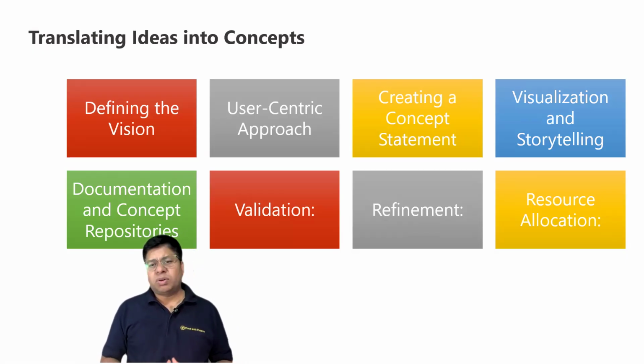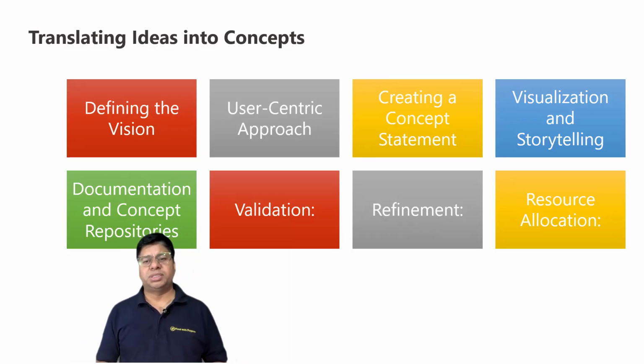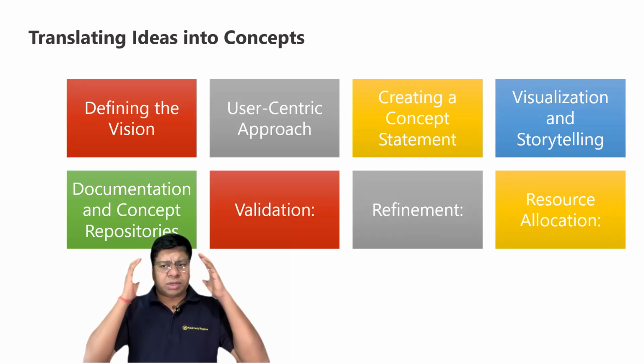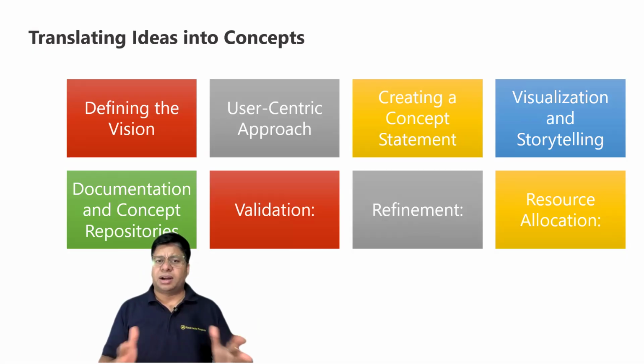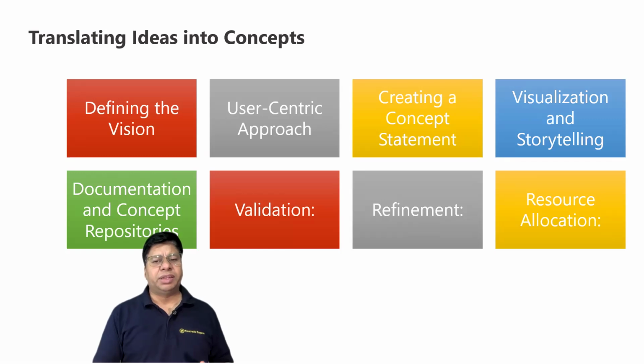Why is this required? Because concept validation needs collaboration. It is not that one person is deciding, it's deciding in collaboration. If your concept lives only in your head, it can't evolve. If you start writing it down, documenting it, definitely it will evolve.